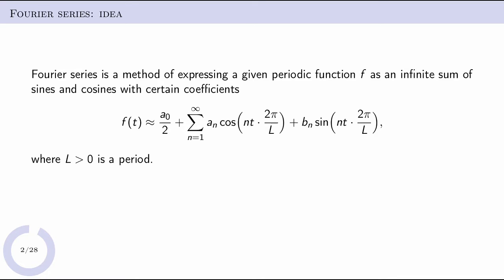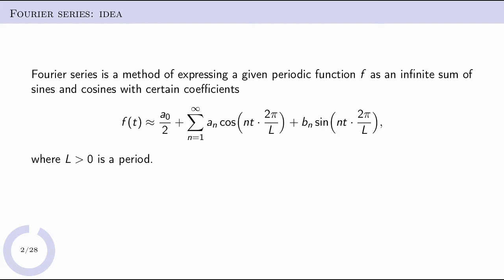First, let me recall the notion of a Fourier series, which I strongly believe that you know from your previous studies. In a nutshell, the Fourier series is a way to decompose a periodic function into sines and cosines, to detect which frequencies of the sines and cosines appear in a given periodic function.